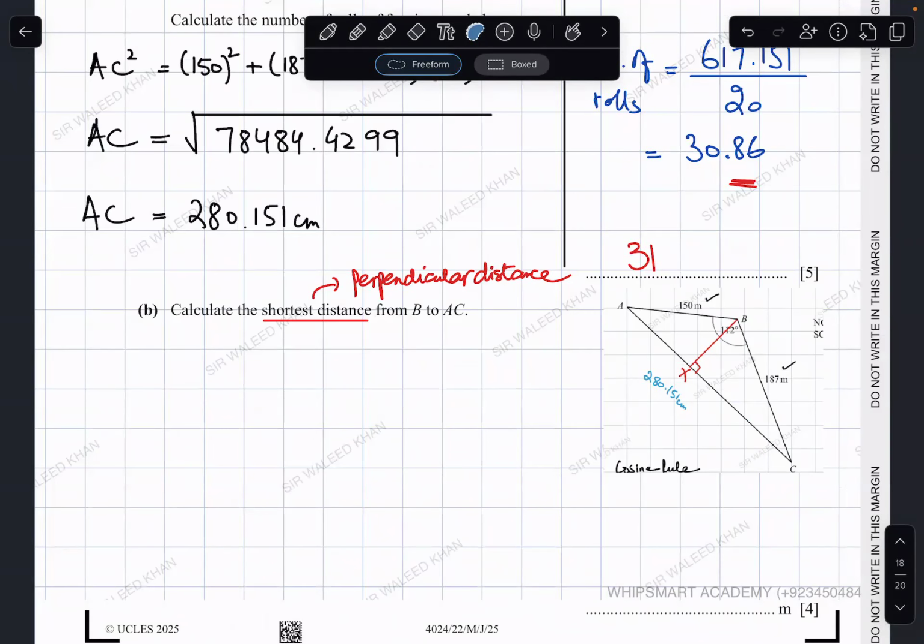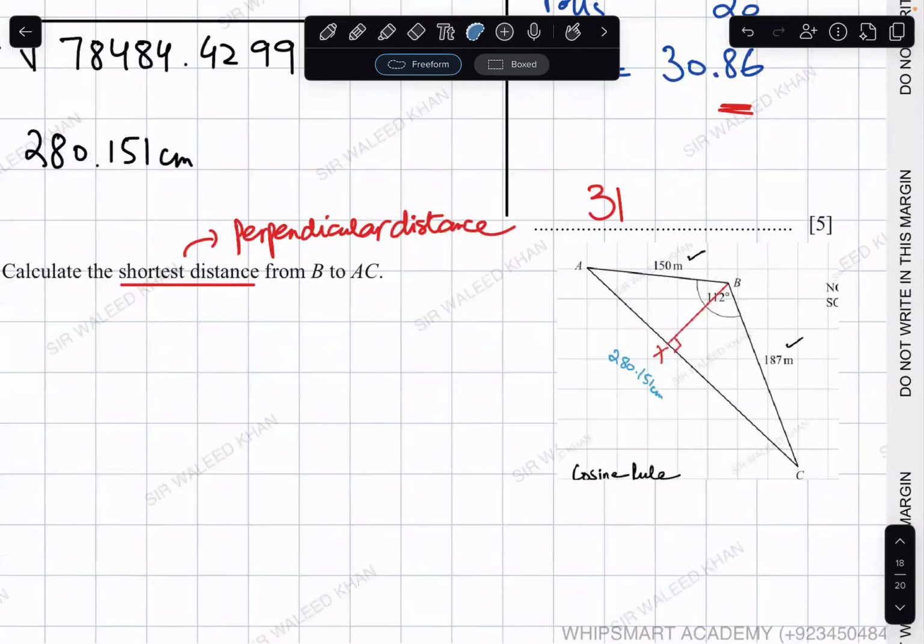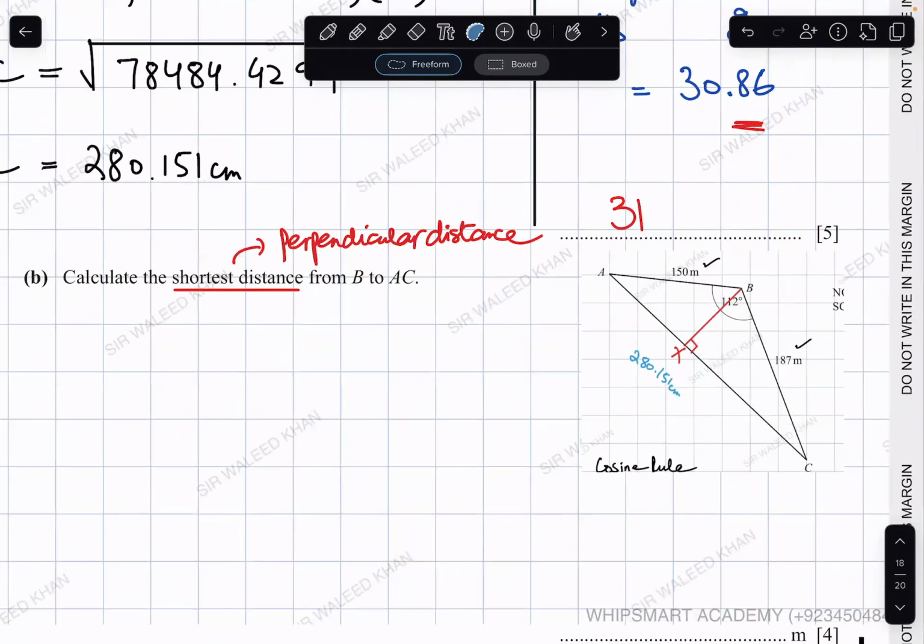So how do we find this? We can find this if we have 112, okay. And if I can find one angle, because obviously we are dealing with a right angle triangle over here, BXC is a right angle triangle.